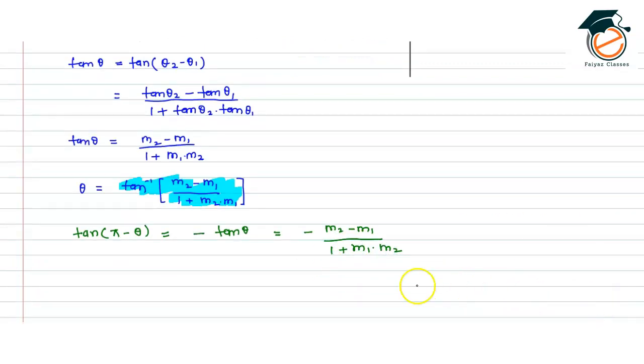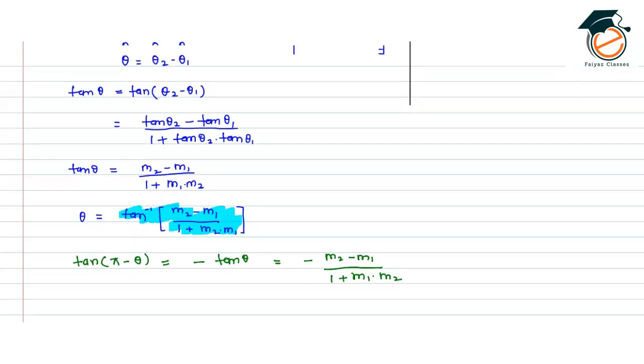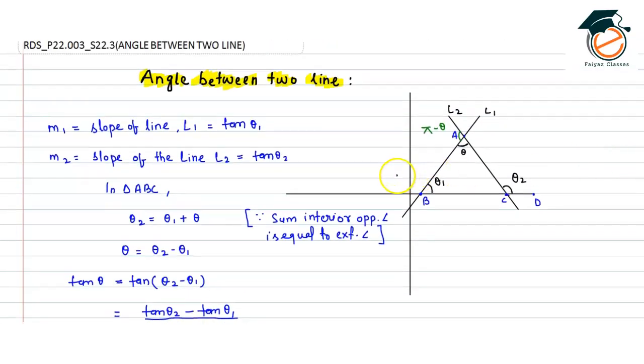So this is also the angle between the lines, but of these two angles, one is an acute angle and one is an obtuse angle.